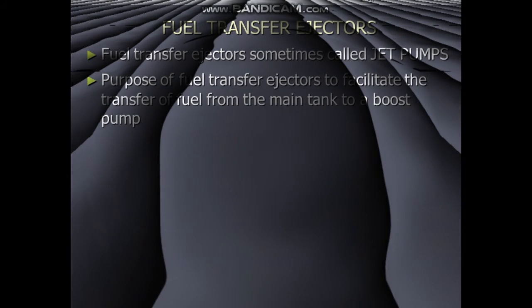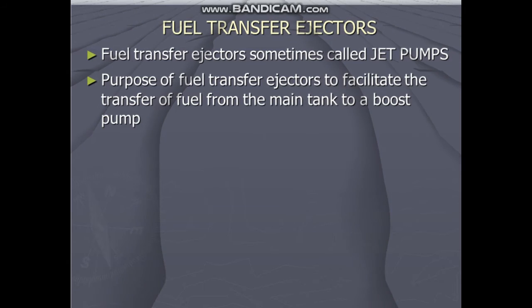Fuel transfer ejectors, sometimes called jet pumps. The purpose of the fuel transfer ejectors is to facilitate the transfer of fuel from the main tank to a boost pump. Where is the location of the transfer ejectors?